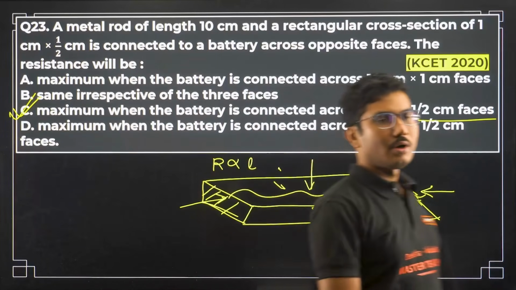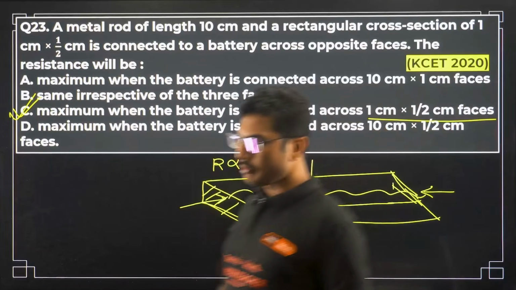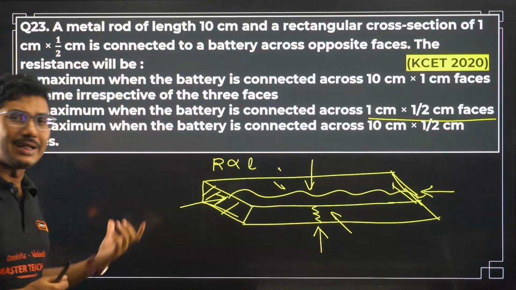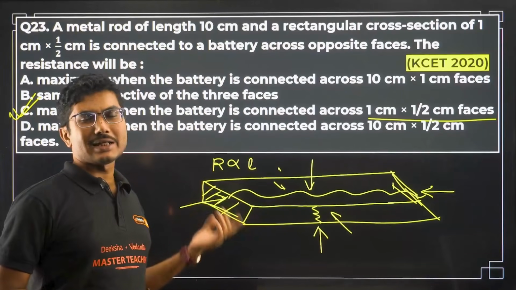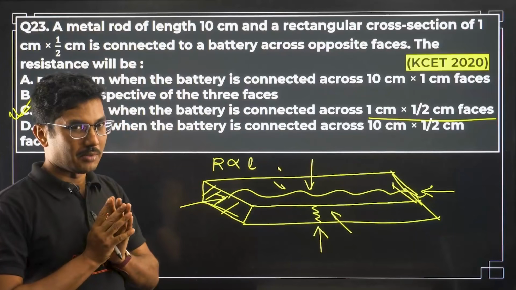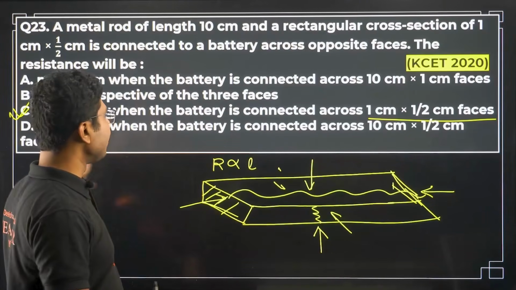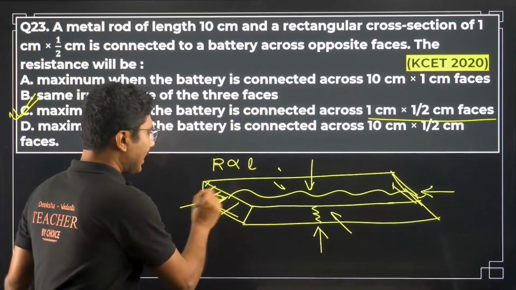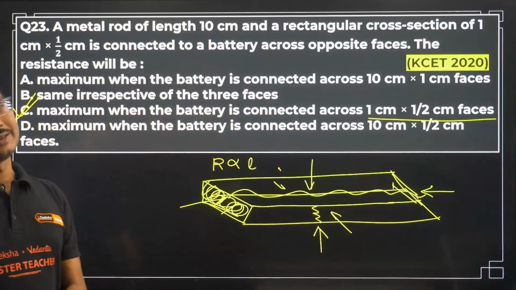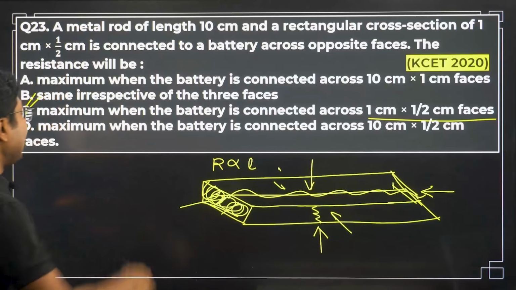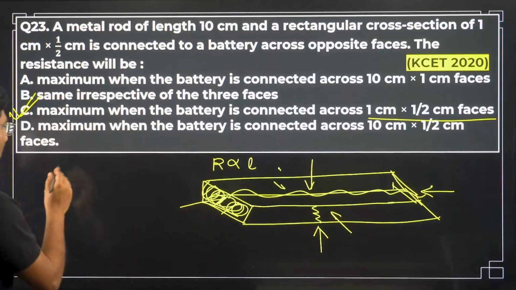Slightly tricky language-wise, but the question is very simple. Identify in which case length is maximum and area is minimum. That's it. In this case, where area is minimum and length is maximum, the resistance will be maximum.